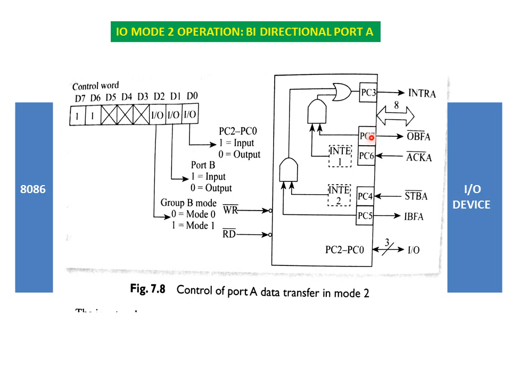After enabling the WR signal, the data is with the port A bits, A0 to A7 bits. Then it will give the acknowledgement, output buffer full, of port A, indicating the data is with the port A register.